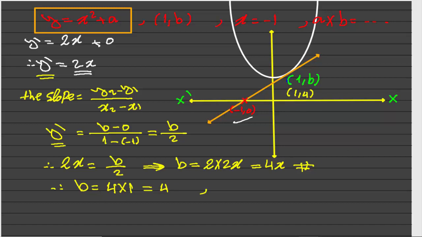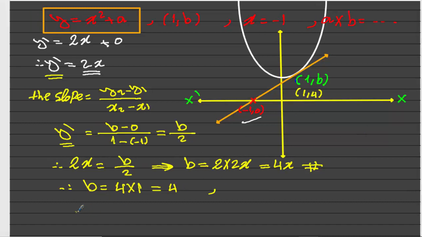So when y equals 4, we have 4 equals 1 power 2 plus a, and then a equals 4 minus 1, which equals 3.